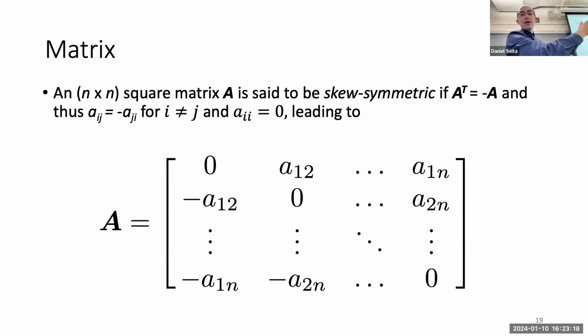And for the off diagonal, we just have to make sure that whatever is at row 1, column 2 must be the same as column 2, row 1, but negated.